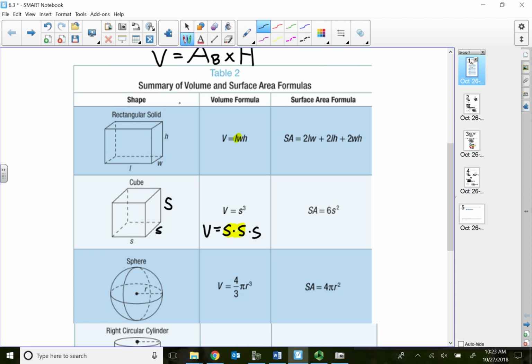Otherwise, if you tile it, you can't jump in. So that means we only need to tile 1, 2, 3, 4, 5 sides.